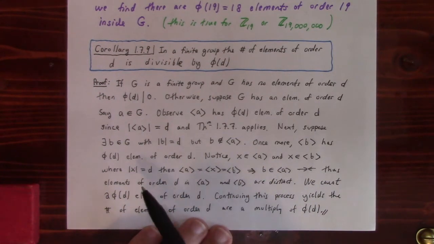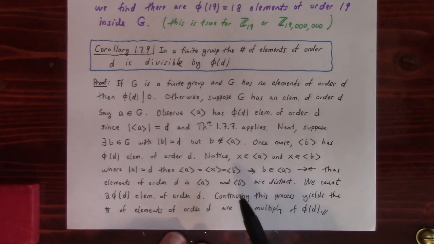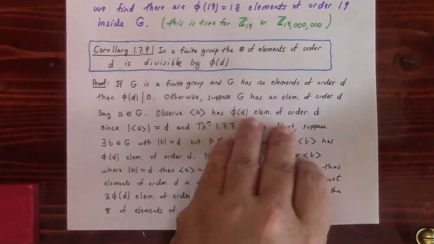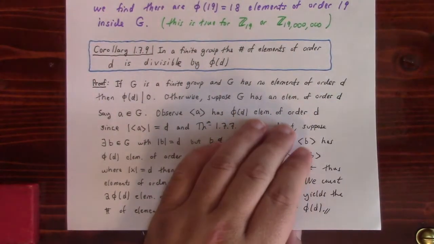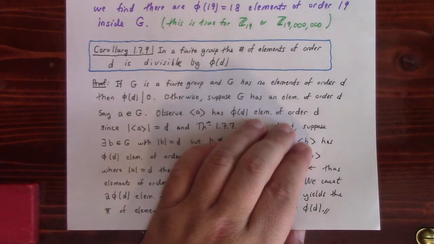So we can rightly assume that the subgroup generated by A and the subgroup generated by B are distinct. And so after finding the second one, we count twice phi of D elements of order D. But this is a finite group, so you can continue this process until you exhaust the elements of order D, and you can see that in fact there are a multiple of phi of D. So that's something we'll see in finite groups.